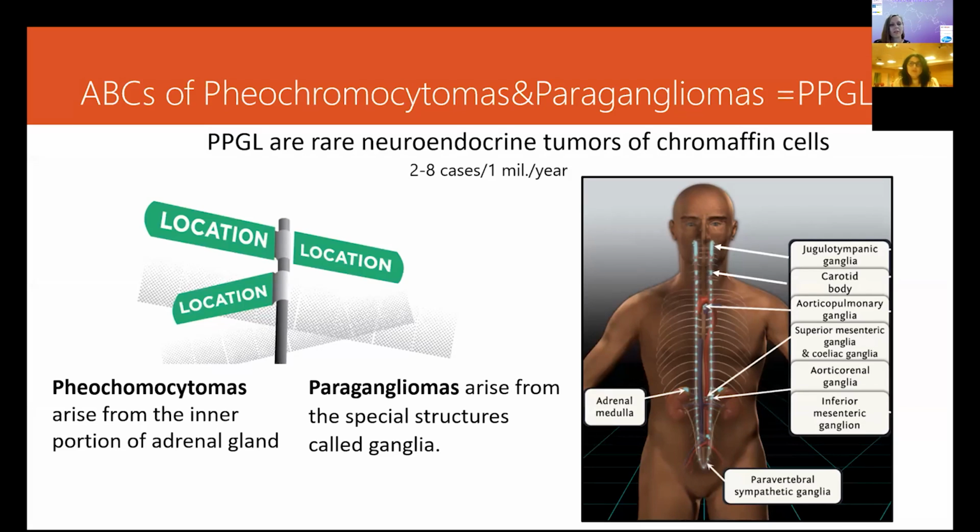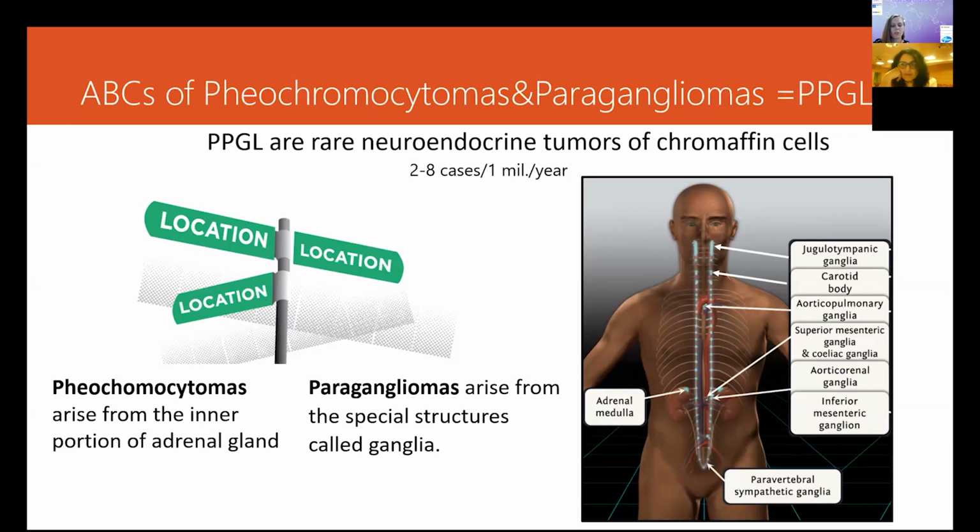So pheochromocytomas arise from the inner portion of the adrenal gland, which we call adrenal medulla, and paragangliomas arise from special structures that are called ganglia. I will use the brief term PPGL when I speak about both pheochromocytomas and paragangliomas.